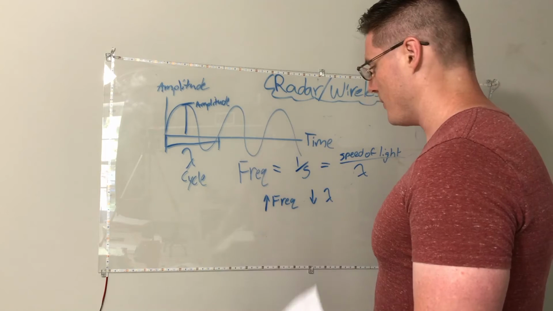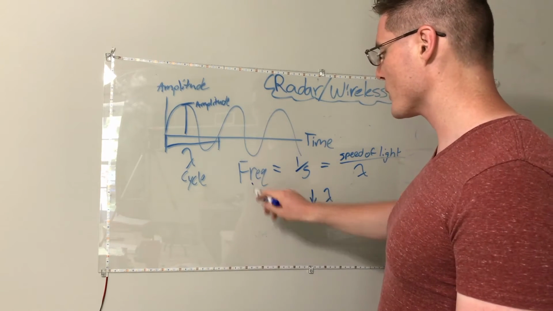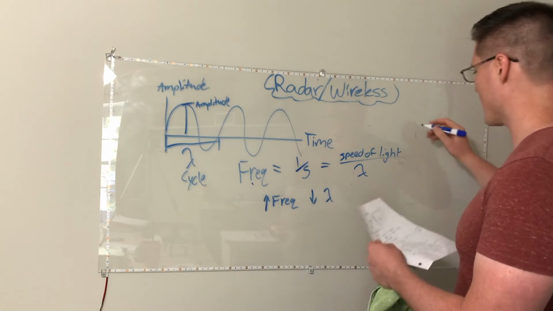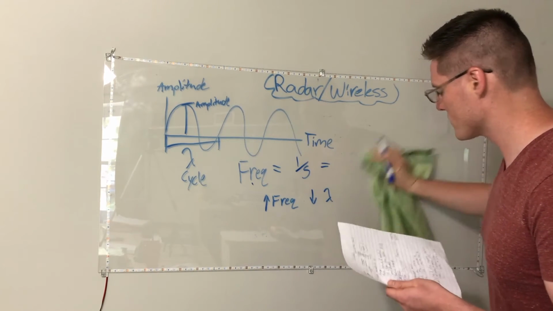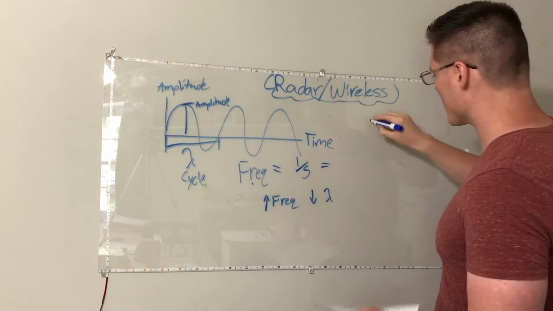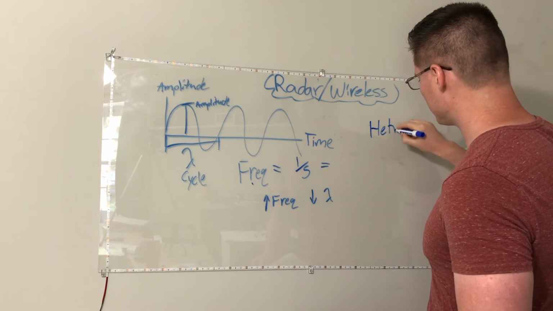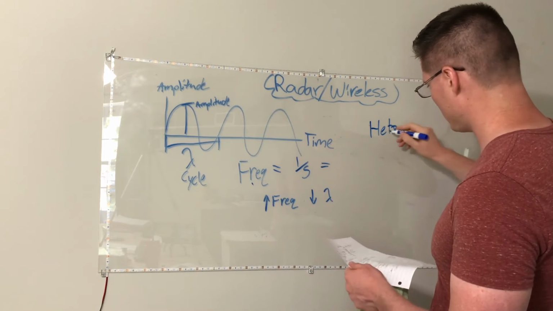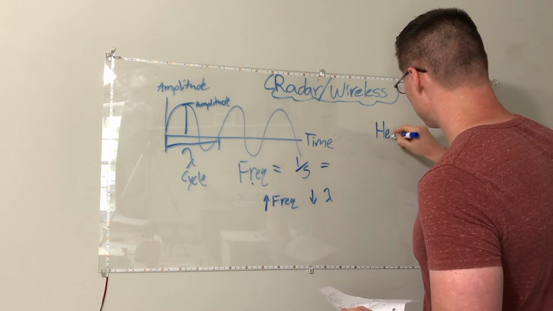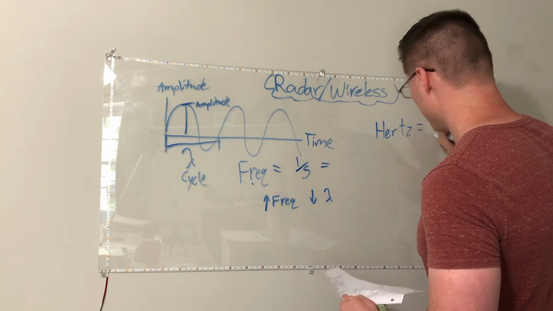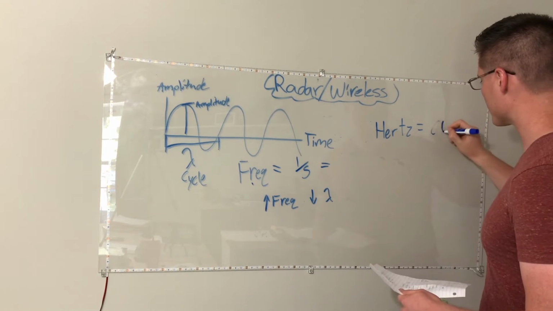So when you're talking about looking at frequency, you really want to look at hertz, the standard unit of measure. So a hertz equals cycles per second.